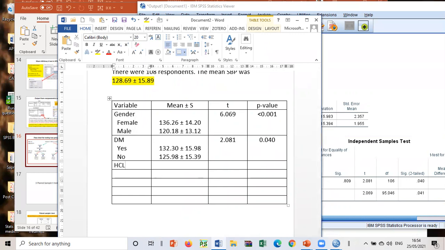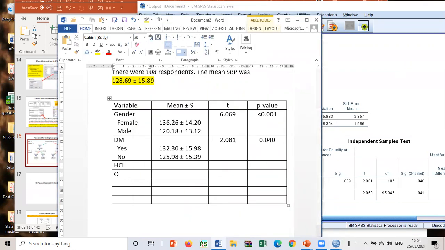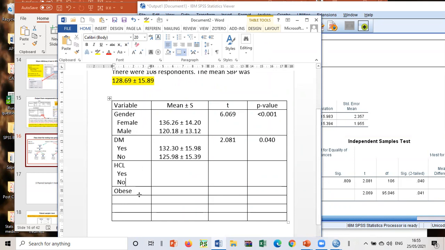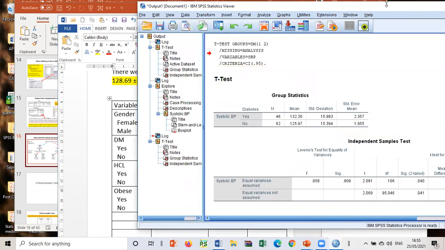So continue with this for hypertension, obese, this factor. Okay, complete this table. What are the variables?